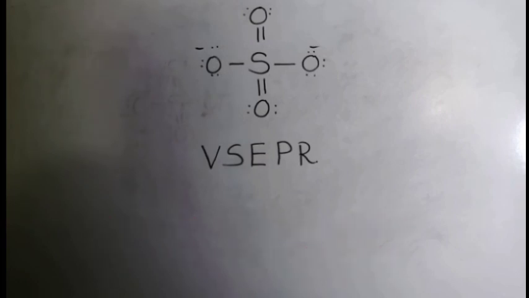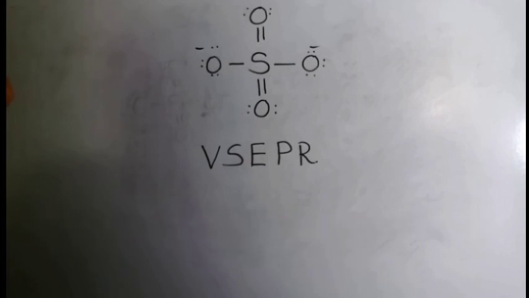The electron pairs represent both bonding electrons and lone pair electrons. Lone pair electrons do not participate in bonding. So for this example, we have two single bonds and two double bonds.